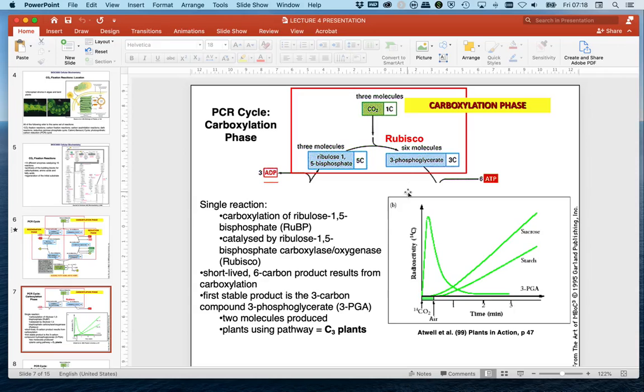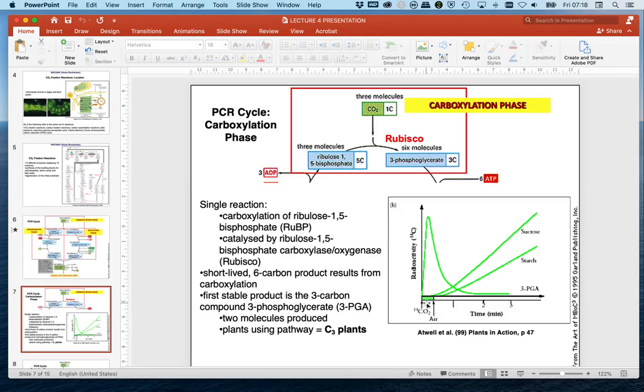Okay? And we can see that this 3-carbon compound, 3-phosphoglycerate, 3-PGA, is the first stable compound that's made by the cycle when we feed plants radioactive CO2, and that's shown in the graph on the bottom right-hand side of the slide. So we feed plants 14 carbon CO2 and then chase that 14CO2 out of the plant with air.